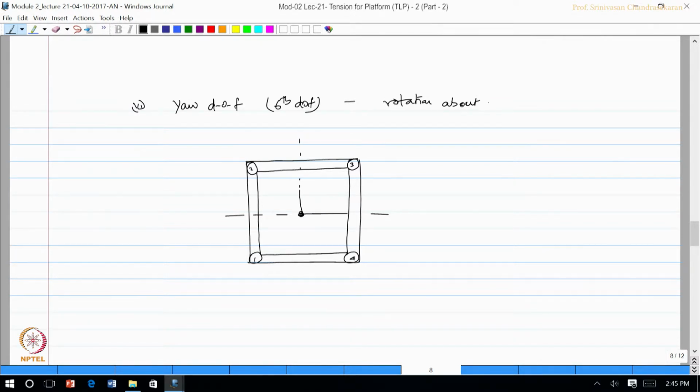the z axis. That is yaw. So, let me draw the new position. Let me give the rotation.